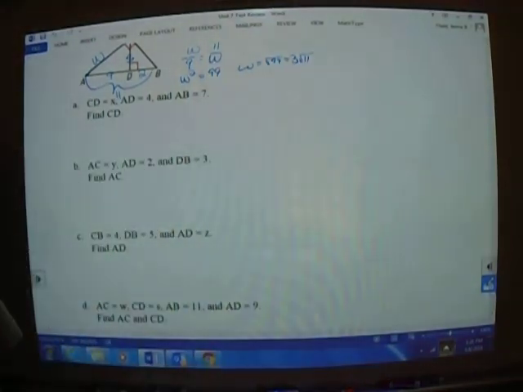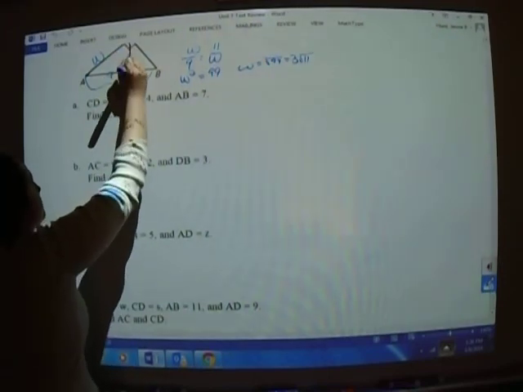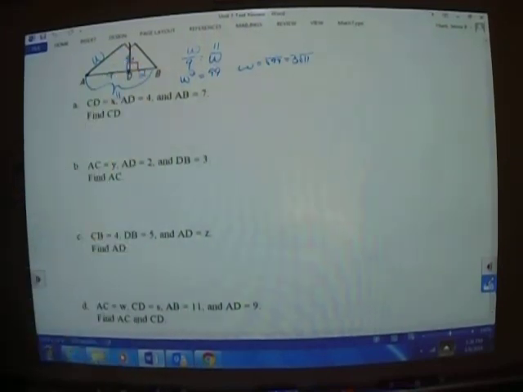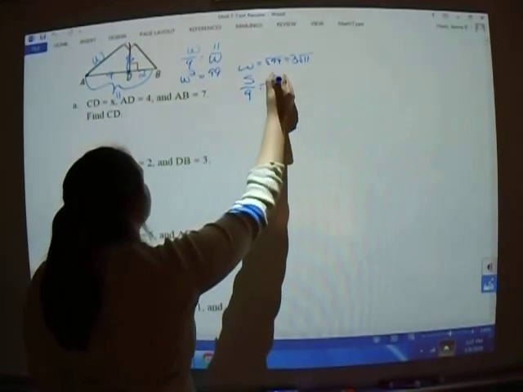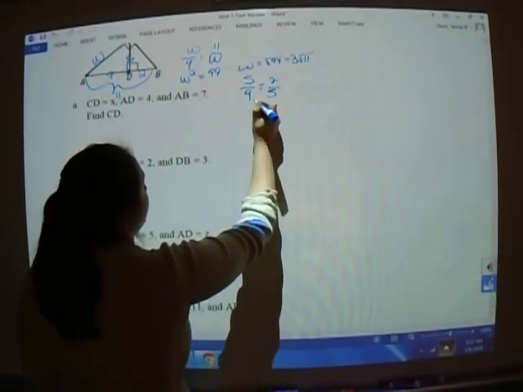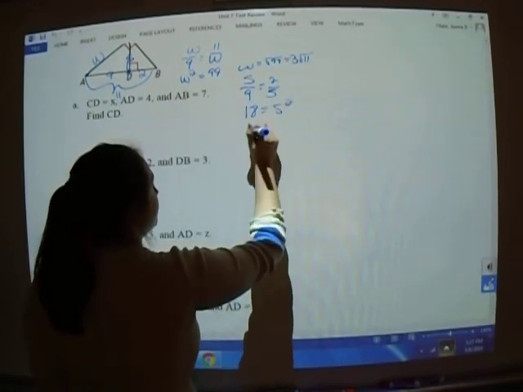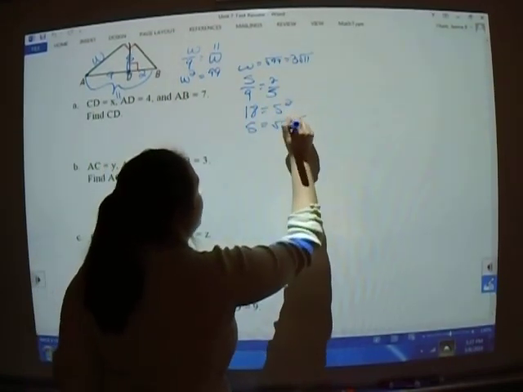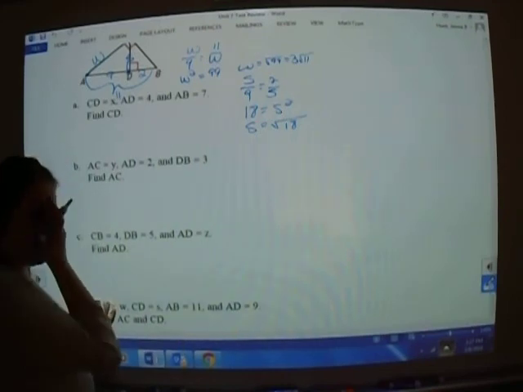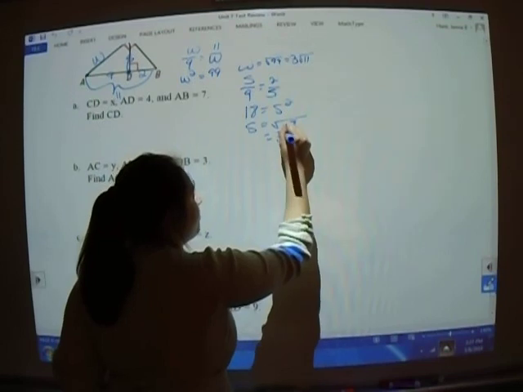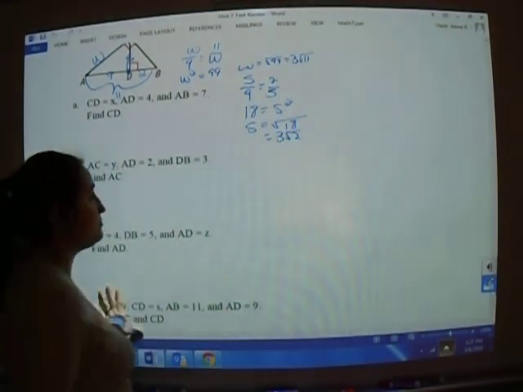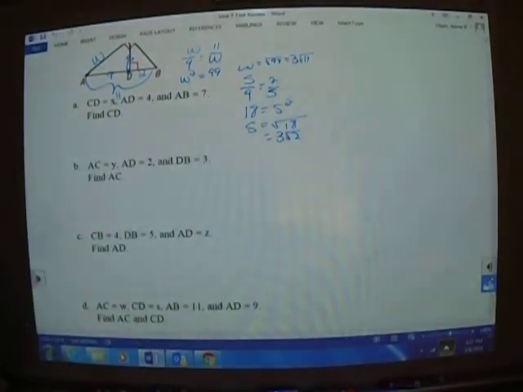That's W. And we still need S. Well, F shares a vertex with 9 and 2, or AD and DB. So you do F over 9 equals 2 over S. So you end up with 18 equals S squared. S equals the square root of 18, which is 3 times 3 times 2, so which equals 3 root 2. Okay? And that's D.